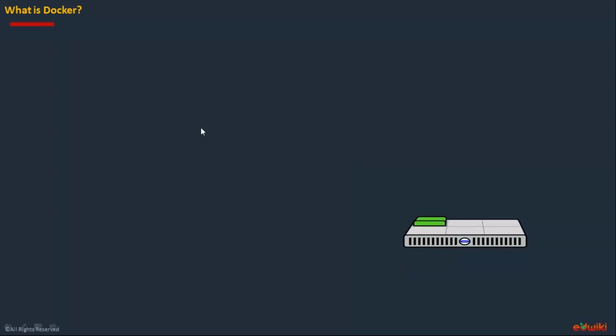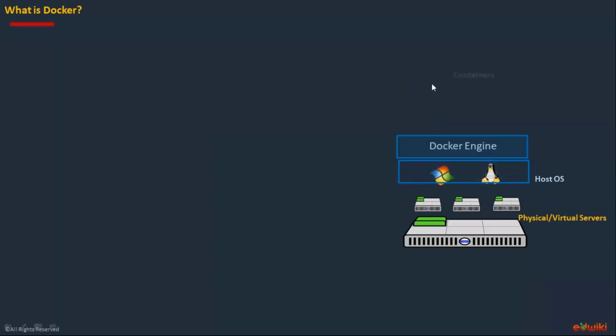So you may be wondering now, what is Docker, correct? Usually if you want to run your applications in multiple containers, you need to install the container engine. That's what I said some time back. Now I'm replacing that container engine terminology with the term Docker engine.